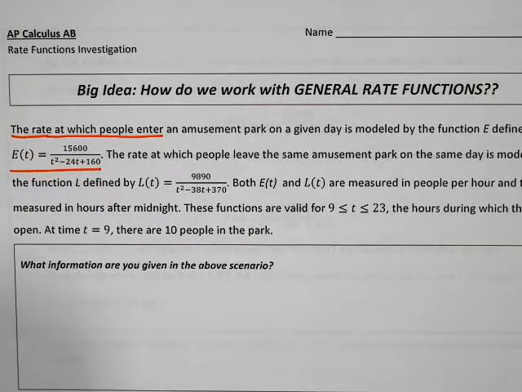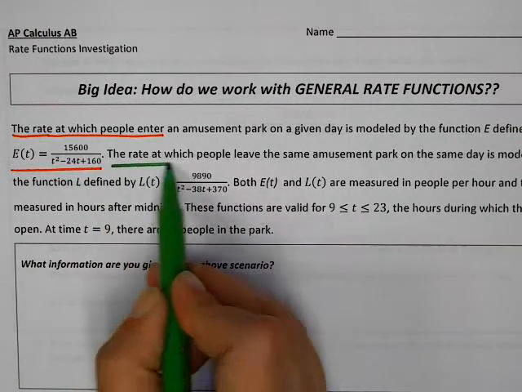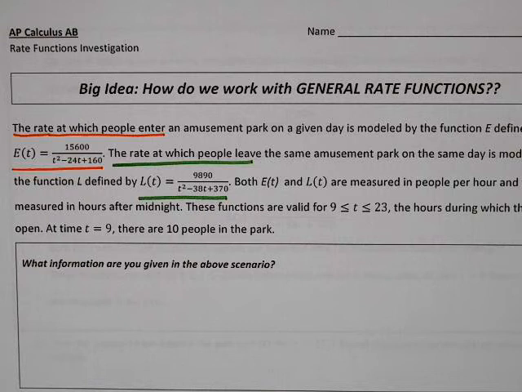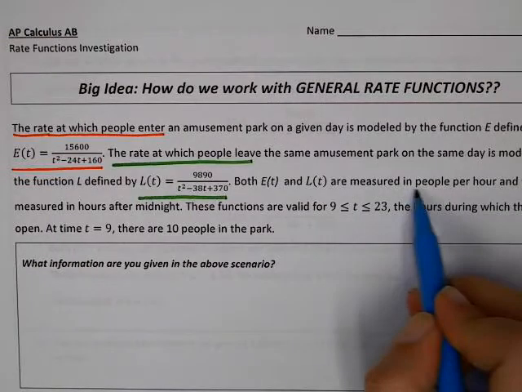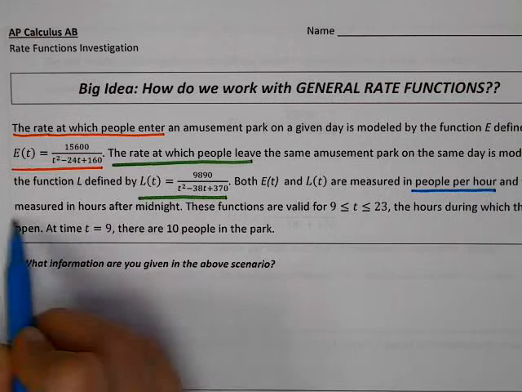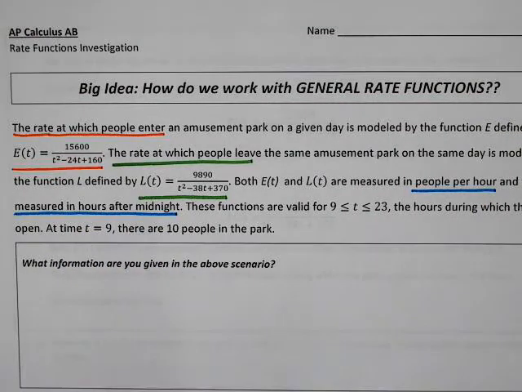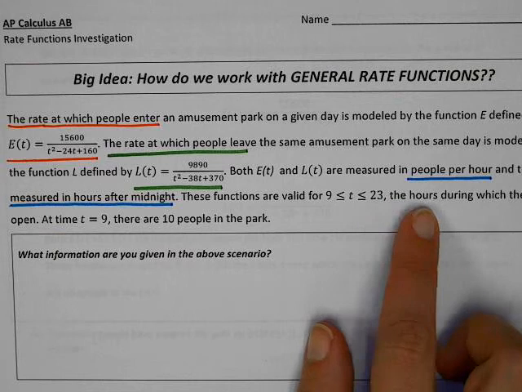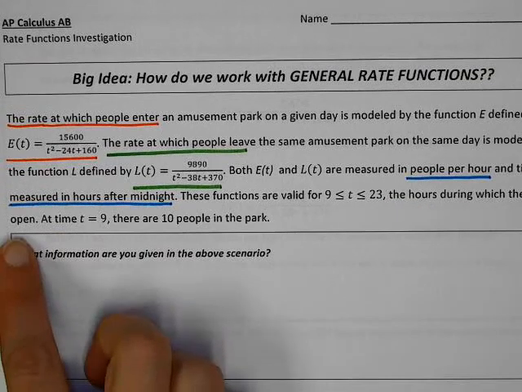I can also tell this is going to be a function about rates because then it immediately says the rate at which people leave is given here by L of t. Both E and L are measured in people per hour, and t is measured in hours after midnight. So they're defining our units for us. And the functions are valid between 9 and 23, which are the hours during which the park is open.